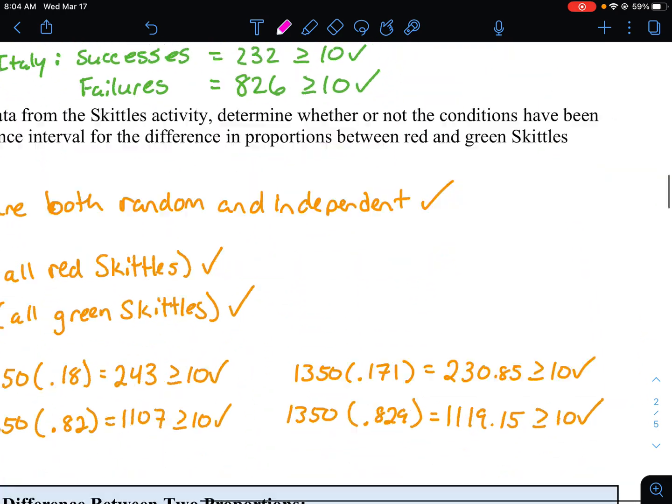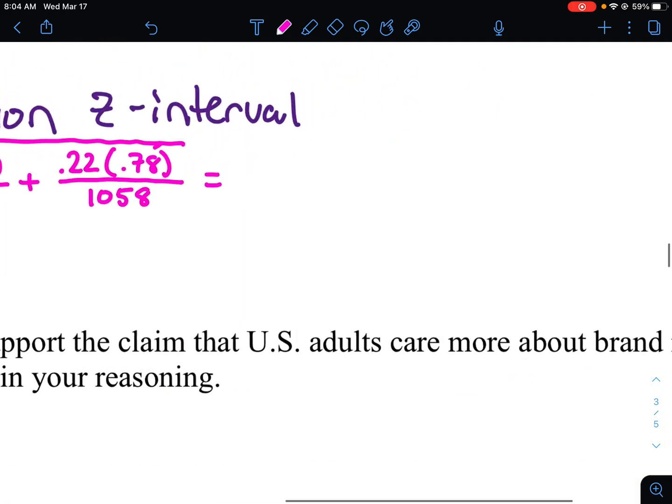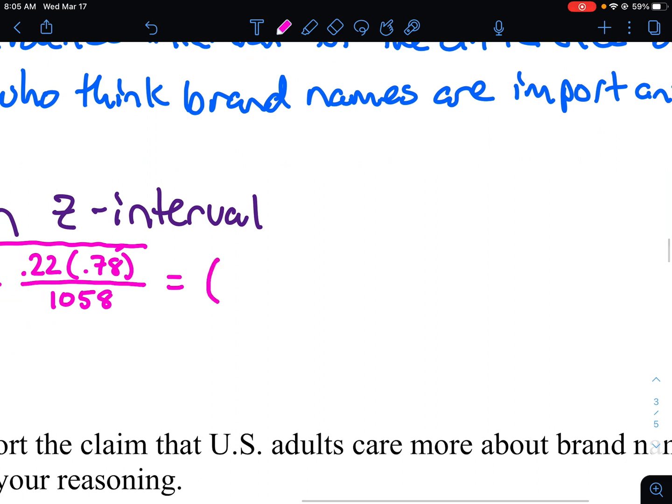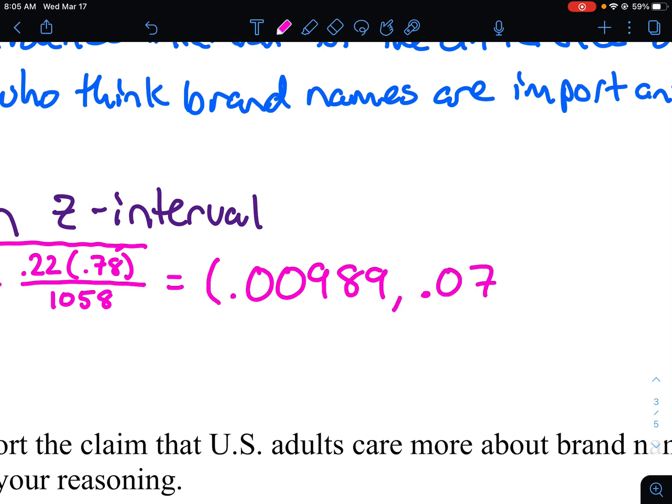And when we calculate this, we get an interval of 0.00989 to 0.07126.